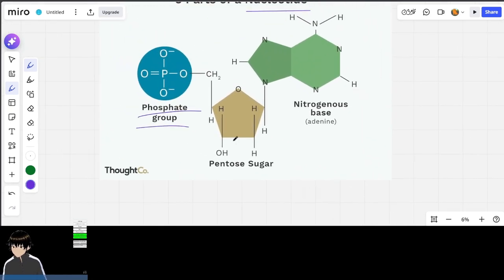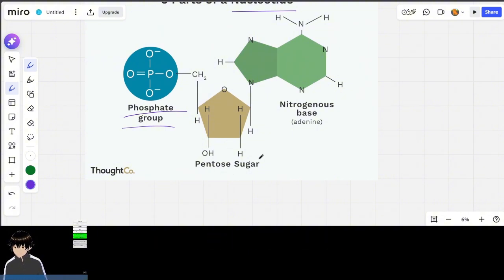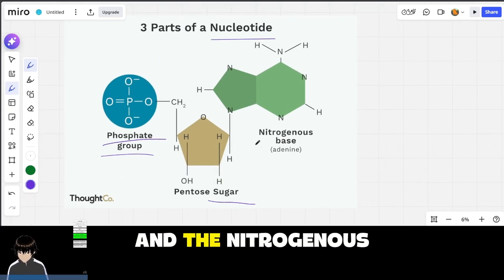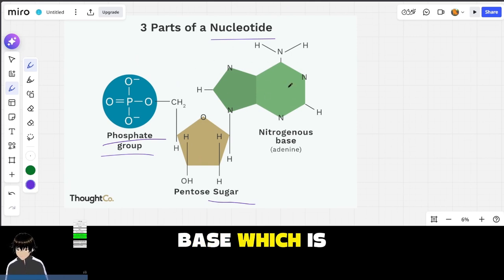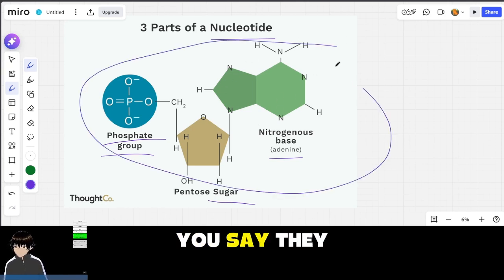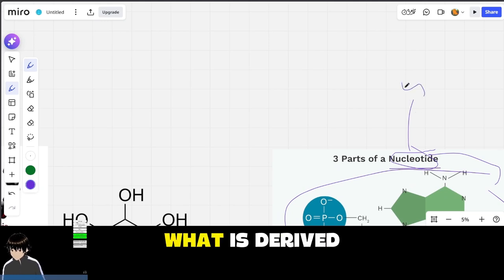So we have the phosphate group, the sugar, the pentose sugar. So we have obviously glucose here, and then the nitrogenous base, which is also called adenine. These three, you say, combine to make the nucleotides, which is then what is derived from nucleic acids.